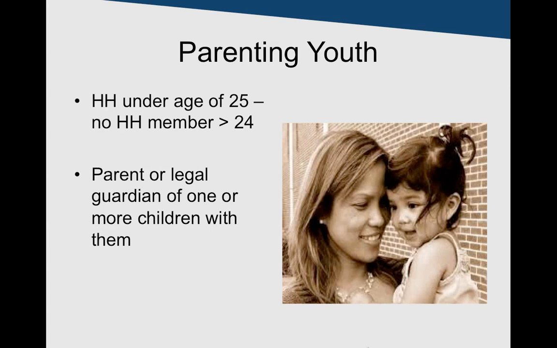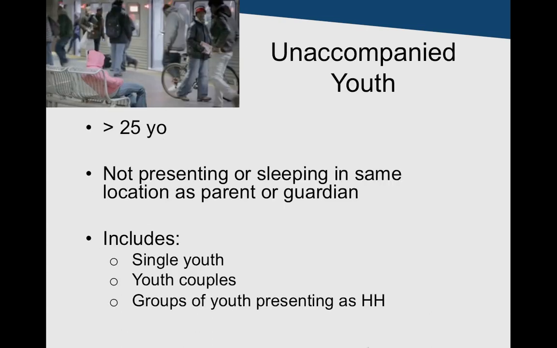Parenting youth are those who identify as parents or legal guardians of one or more children who are present with or sleeping in the same place as that youth parent, and where there is no person over the age of 24 in that household. Parenting youth is limited to persons in households where there is no adult person over the age of 24 in that household.